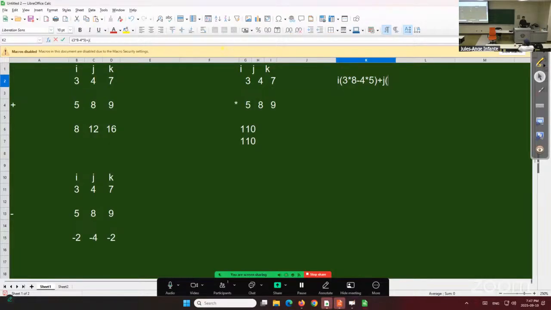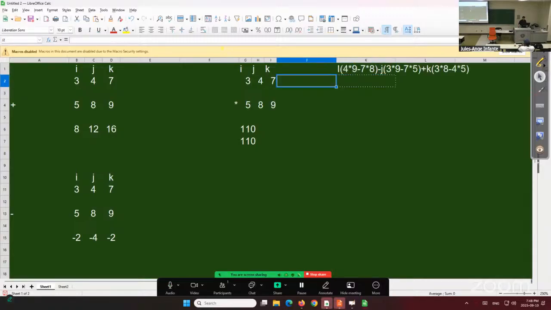Plus J, minus J times 3 times 9 minus 7 times 5, plus K times 3 times, sorry, I put the wrong one. It's 3 times 8 minus 4 times 5. The I should have been, sorry about that, 4 times 9 minus 7 times 5, right? Sorry. Yeah. Okay, so that is the cross product. Obviously, when you set it up, it's easy.